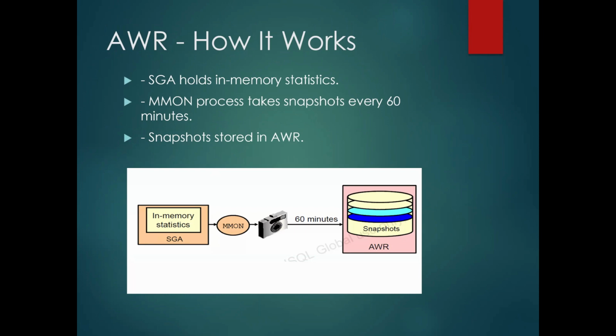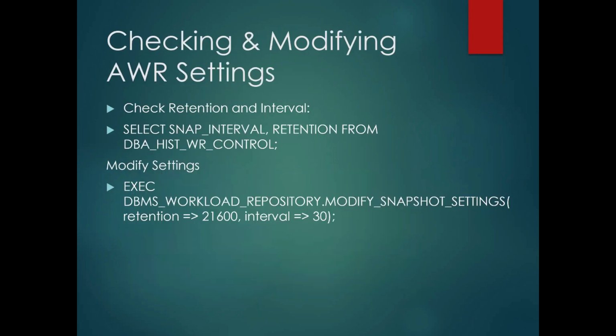So all the data is stored in the SYSAUX tablespace. We configure our snapshot interval as 60 minutes, one hour. The MMON process takes the snapshot from the SGA memory every hour and writes it to the SYSAUX tablespace.